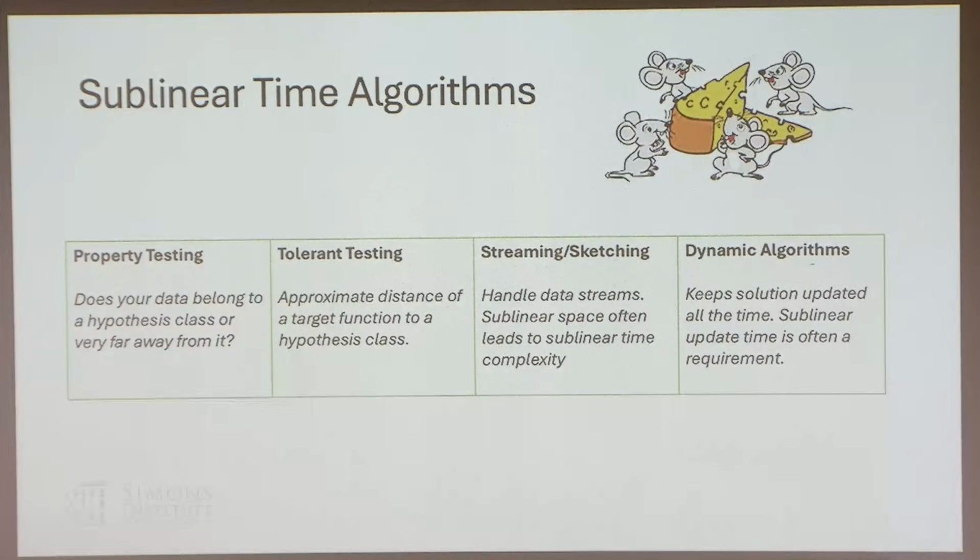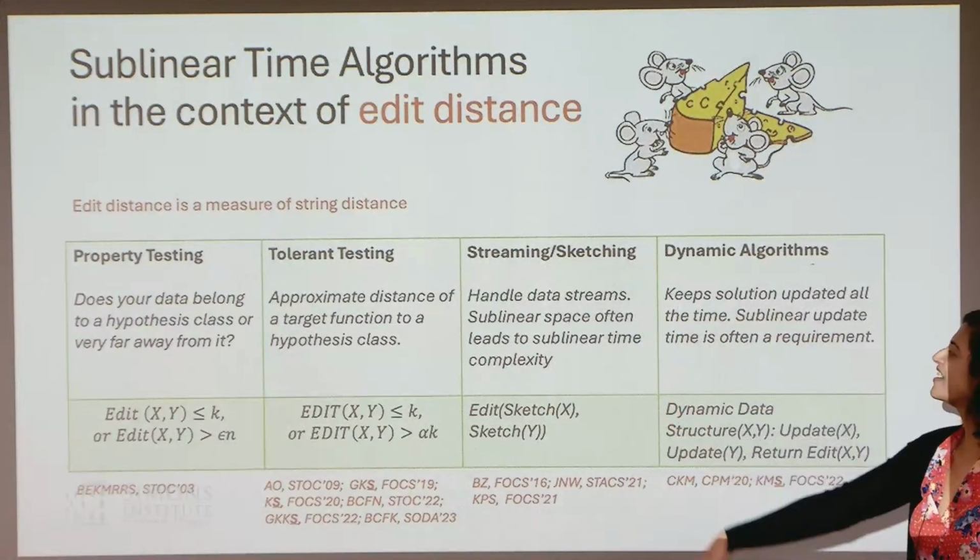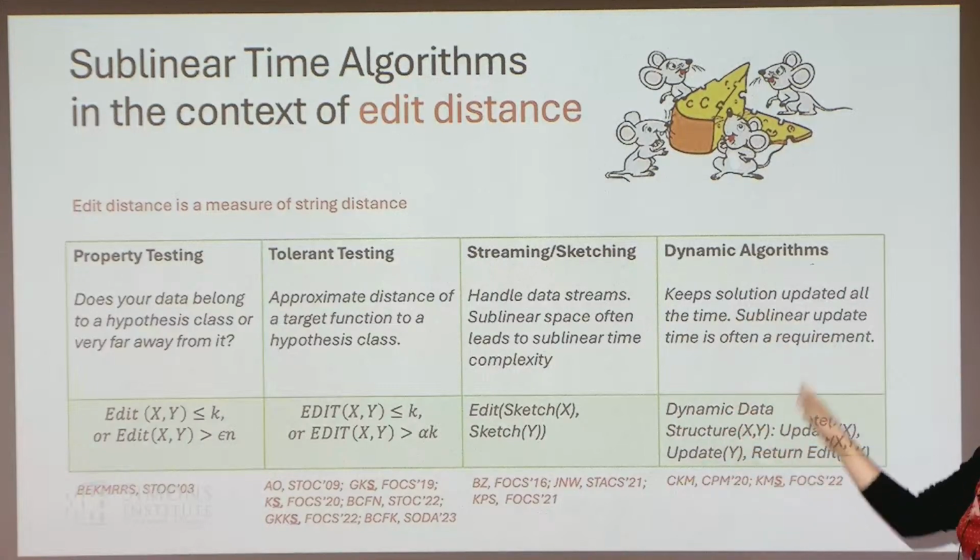There, one of the main focuses is to have sublinear update time. So sublinear time algorithms appear in all these aspects. Today we are going to look at edit distance, and you can think about property testing, tolerant testing, streaming and sketching, and dynamic algorithms for edit distance. In all of that, sublinear algorithms play a role.